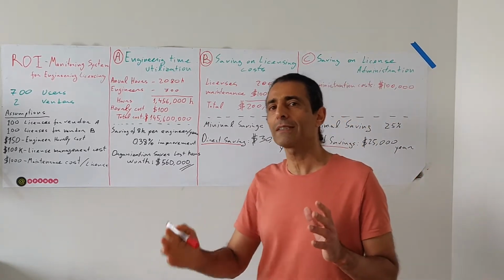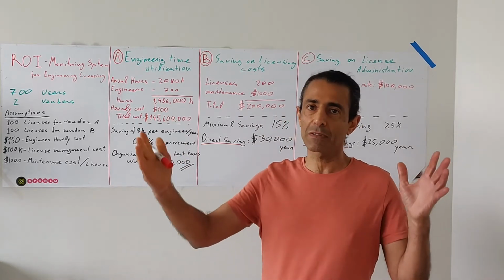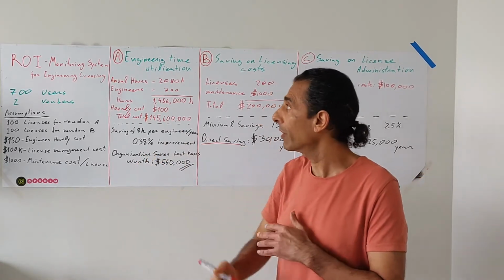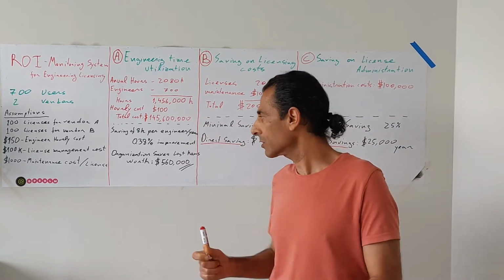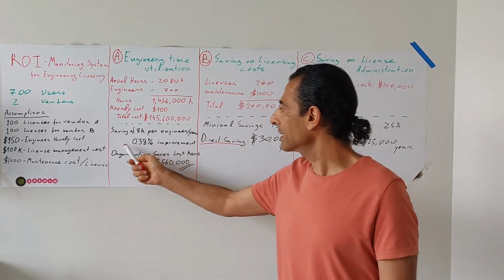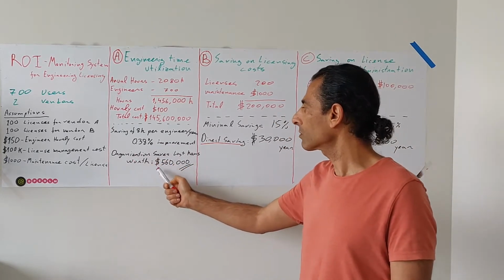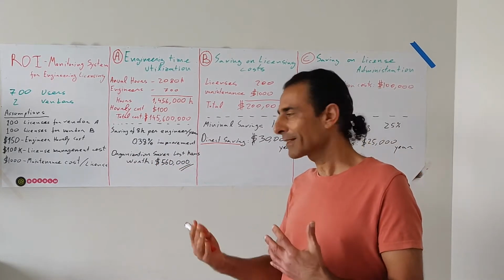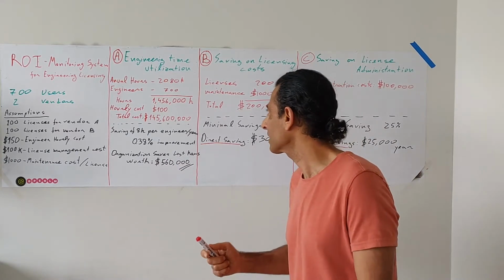I spoke about that in my previous video and explained the different components of the ROI. So the first one is engineering time, better utilization of it. We're seeing saved lost hours worth more than $500,000 per year.